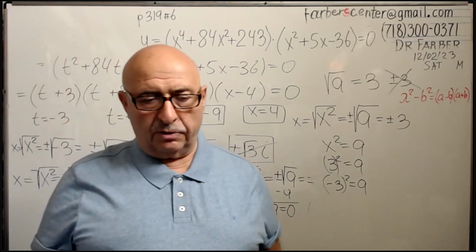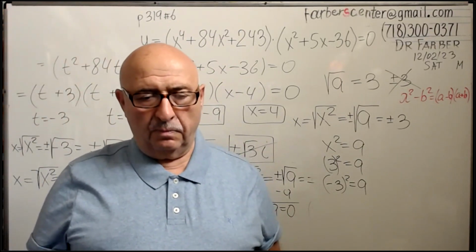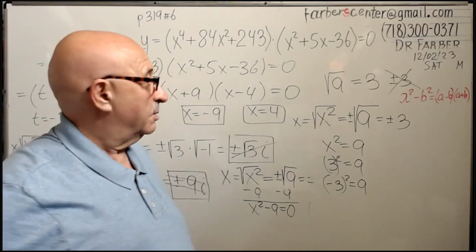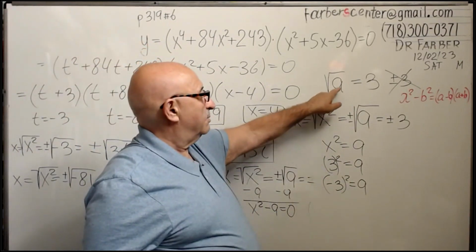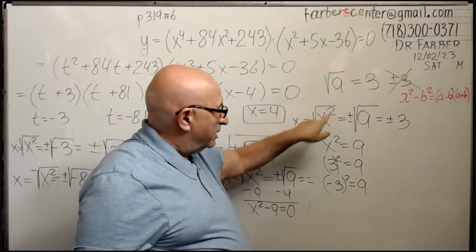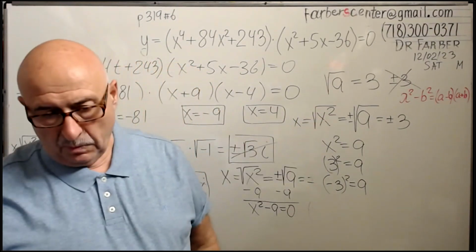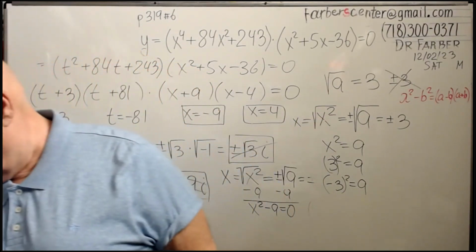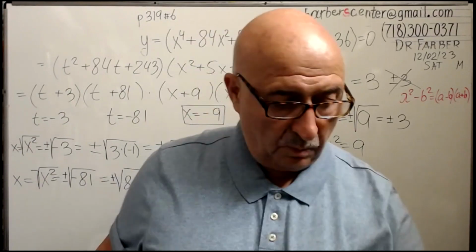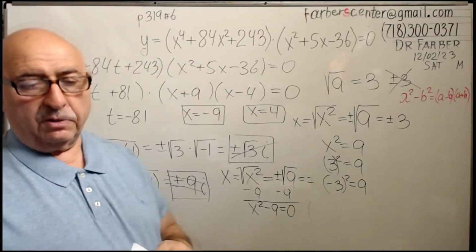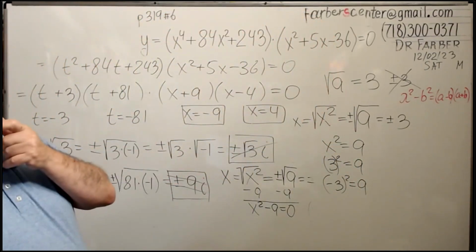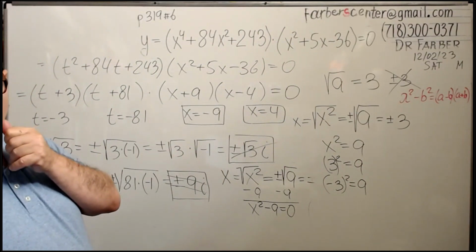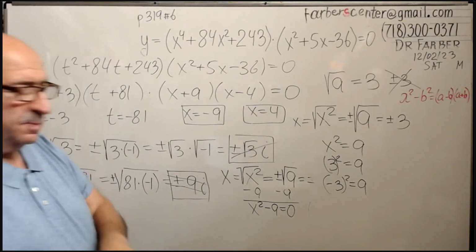Who has questions? So again, the plus minus is not because of the square root of this one. No, it's because of this guy. Okay, good, good. Any questions before I raise this one? No questions?